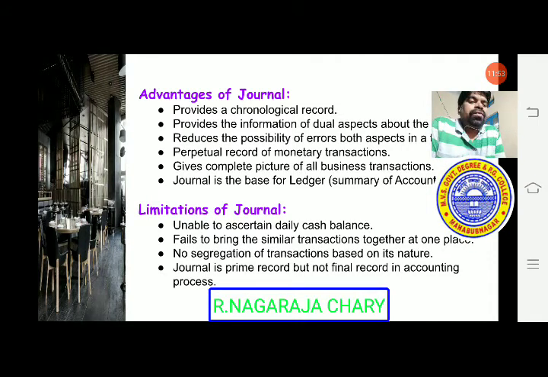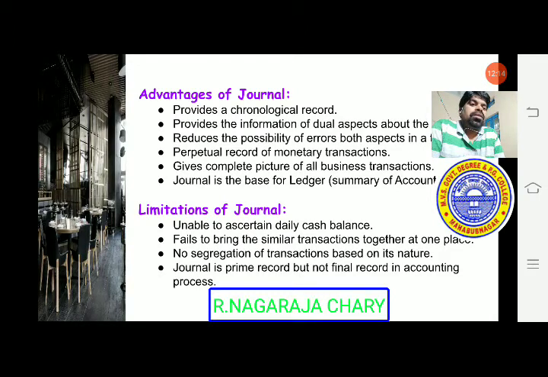Next, no segregation of transactions based on their nature. Segregation means separation. There is no separation, because whatever transactions are done are recorded one by one.